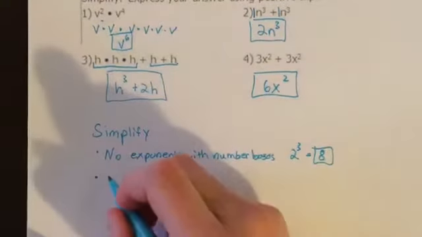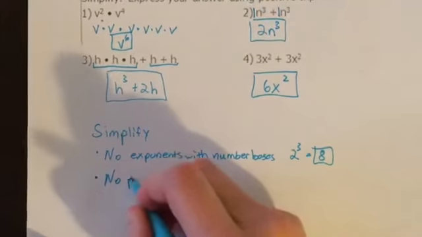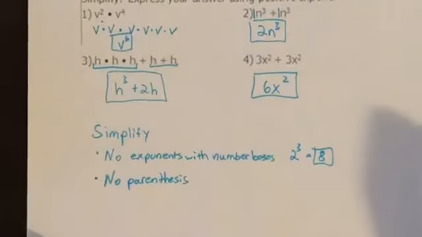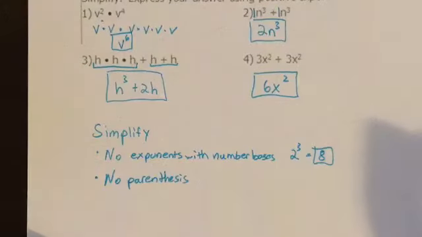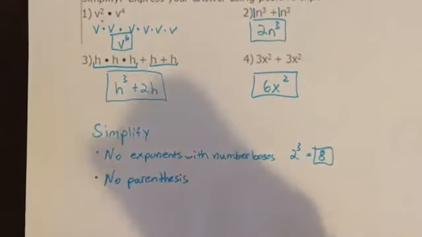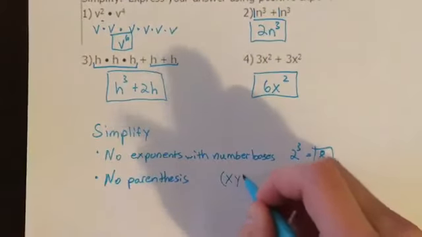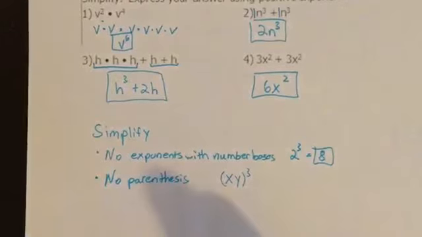We also don't want any parentheses. An example like that might be having something like xy to the third.